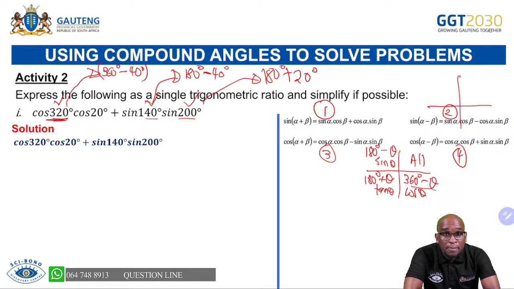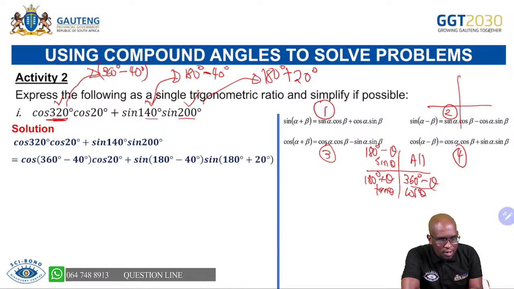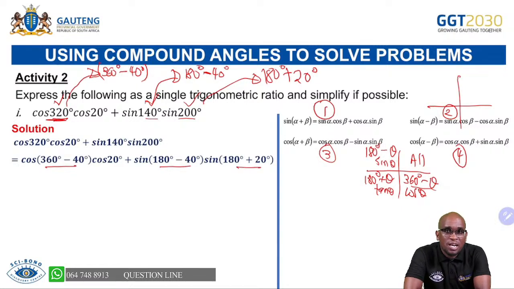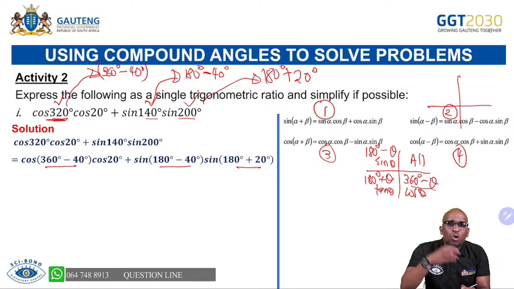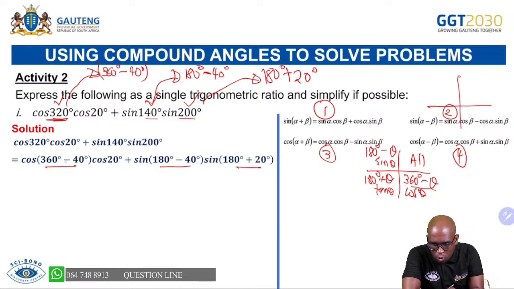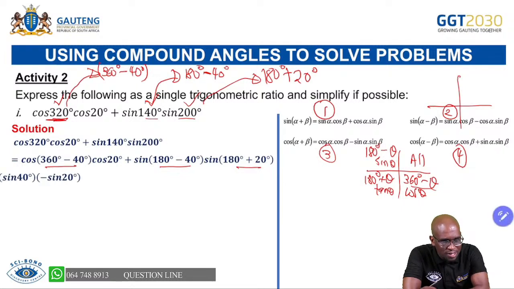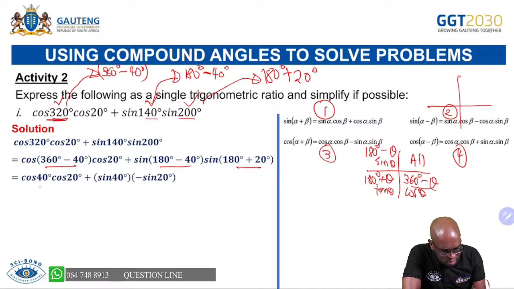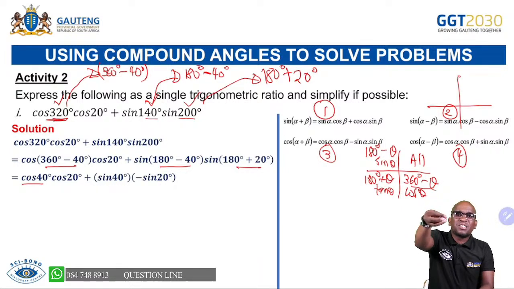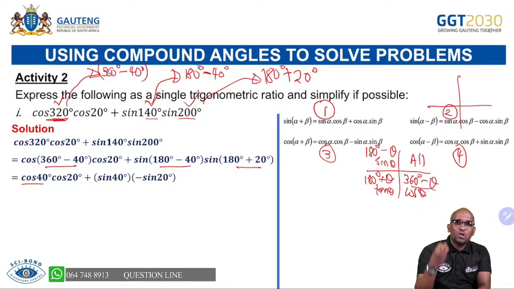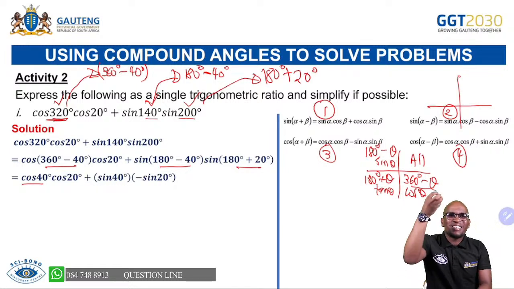Let's check the first one now. These are the reduction instructions that I was telling you about. From there, we can apply the reduction formula to reduce this to a smaller angle. Cos in the fourth quadrant is positive, so this yields cos 40. We managed to reduce 320 to 40 degrees by using the reduction formula.